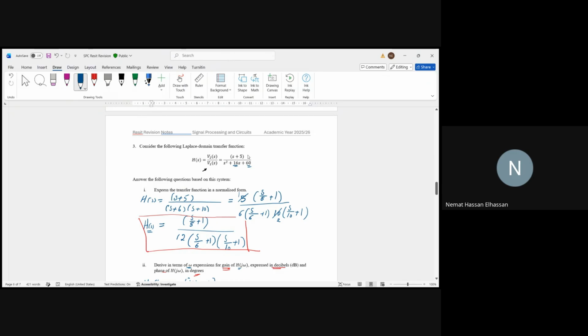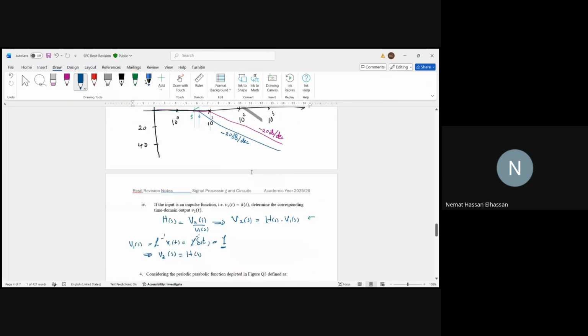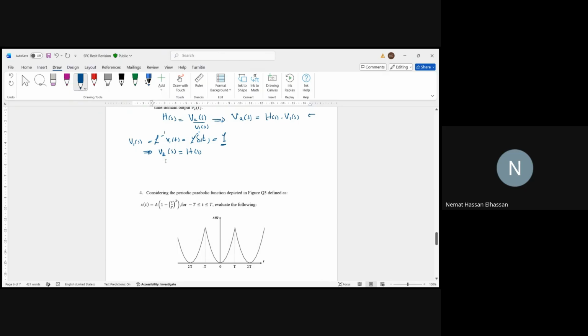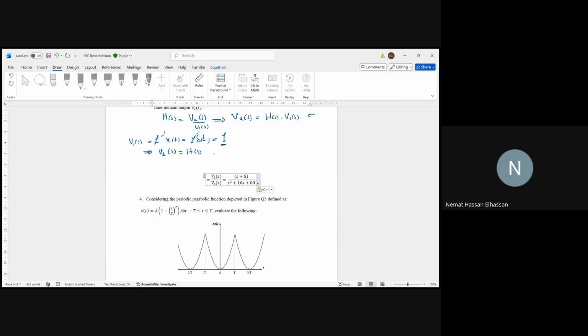Let me just take it and copy it here for reference. So it's equal to s plus 5 divided by, we already factorized this in part 1, s plus 6 times s plus 10.